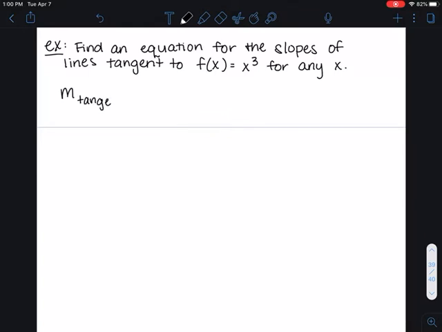Alright, so I'm going to write down my formula, so I don't forget the definition of the first derivative.